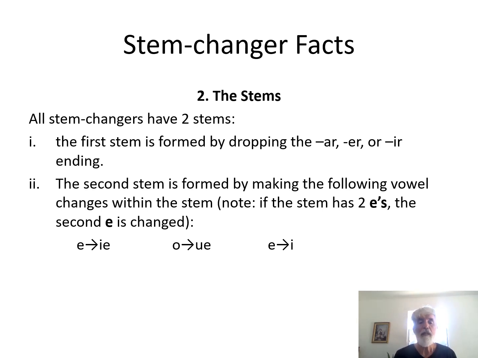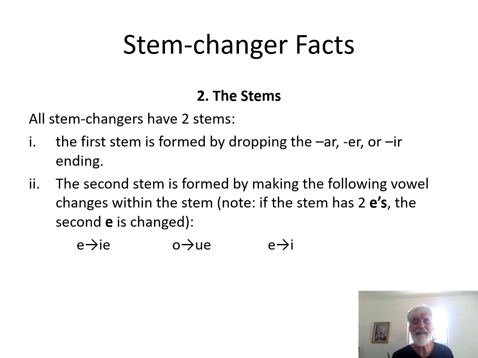Okay, so stem changers will have two stems. Why? Well, they're going to have the original stem that we formed by dropping the AR, ER, or IR. But now we have a second stem, and this is where you must pay attention.